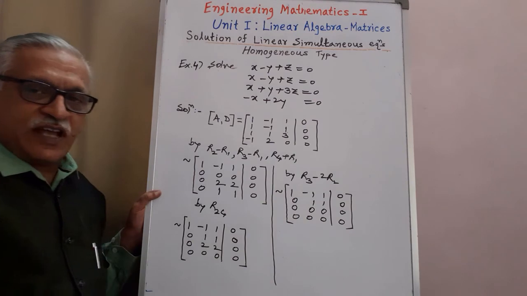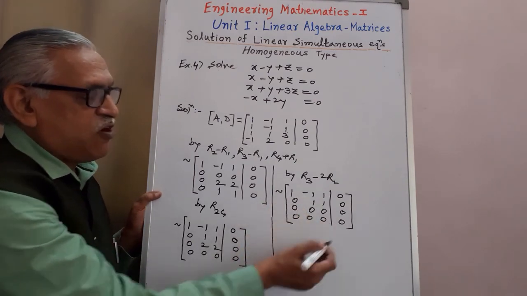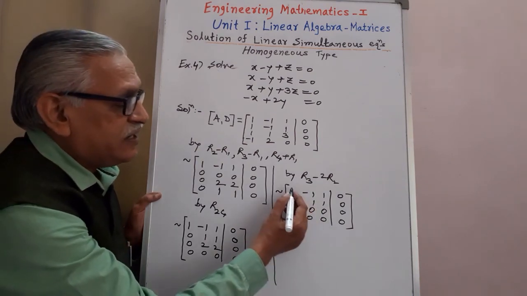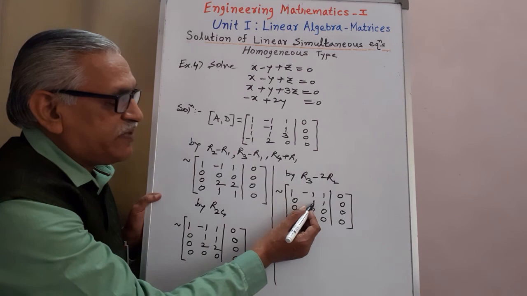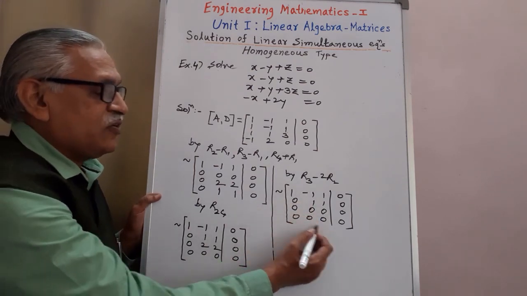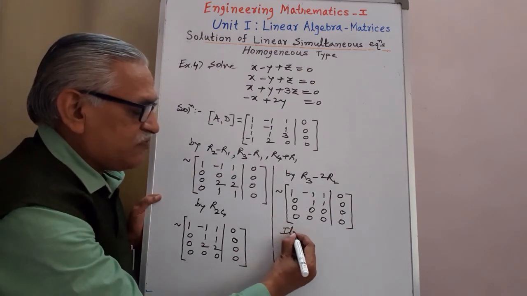Means we have to stop our calculation here. And whatever form we are getting is called the canonical form, as all the principal diagonal elements except the last one are non-zero and lower diagonal elements are 0.